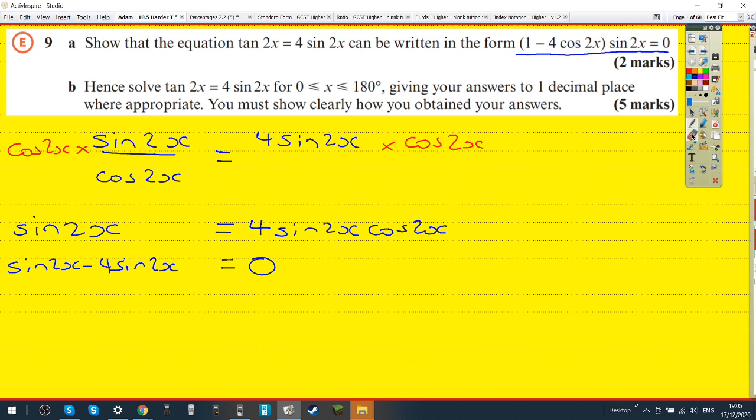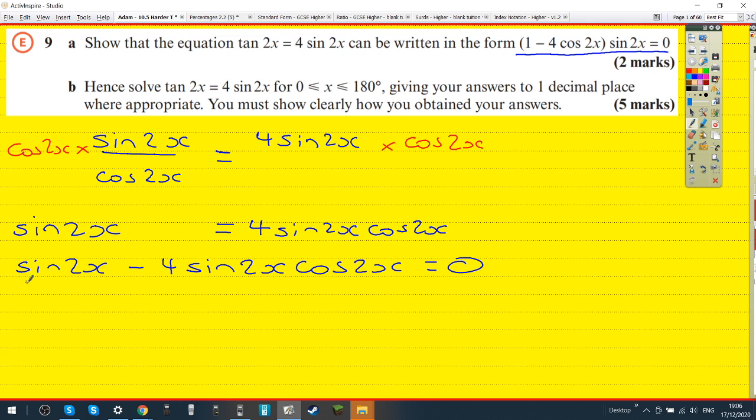Mm-hmm. And after that? Factorize. What do they have in common? They all have 2. What else? In between, the minus sign.